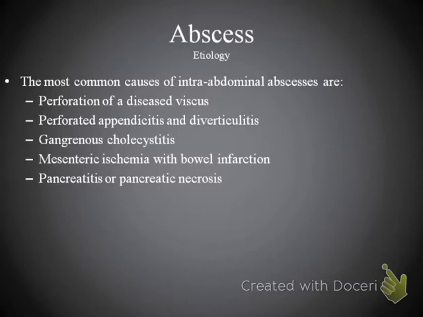Mesenteric ischemia with bowel infarction. And so basically you have something go on in terms of the bowel, and so it causes a portion of the bowel to actually die. This can be such things as strangulation, anything where the blood flow is actually stopped.